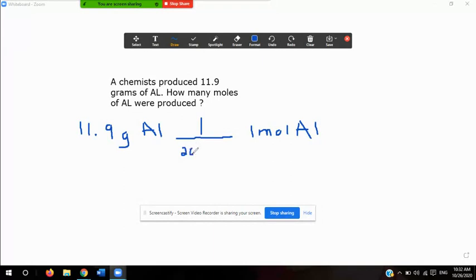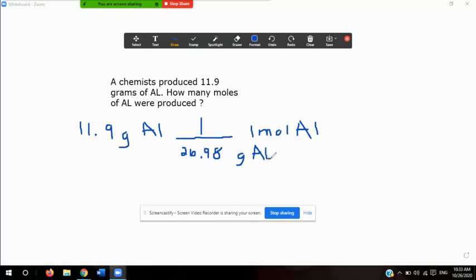Again, in most cases, when we're going from grams to moles, we usually divide by the molar mass, and when we're going from moles to grams, we usually multiply by the molar mass. But it's always on a case-by-case basis, and the molar mass is the same as the atomic mass, which you find on the periodic table, and you always round to 2 decimal places. So we rounded to 26.98.